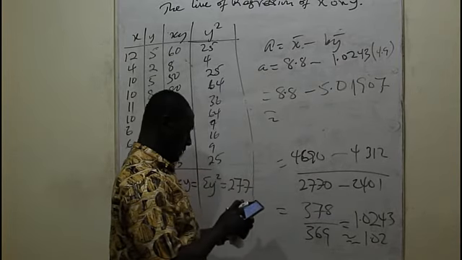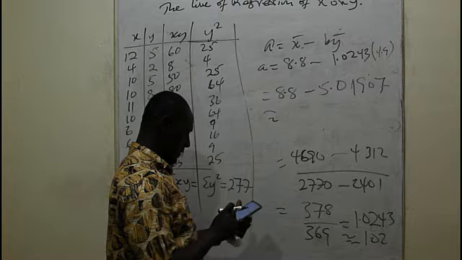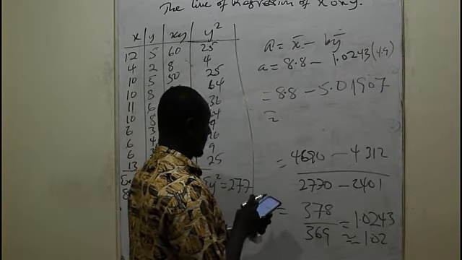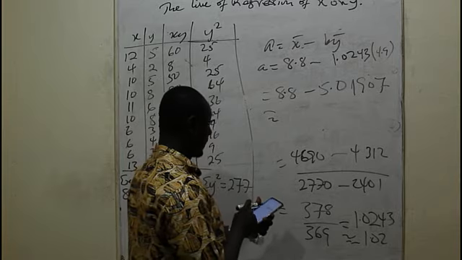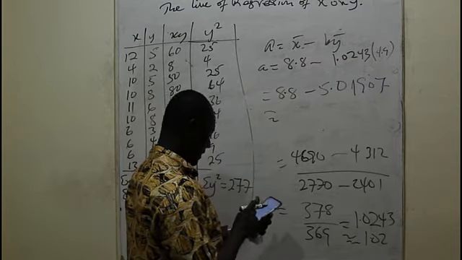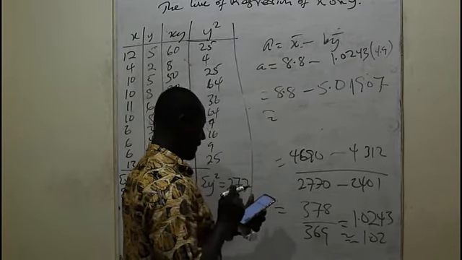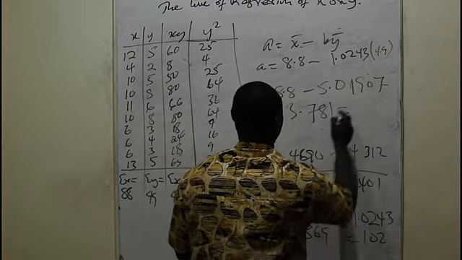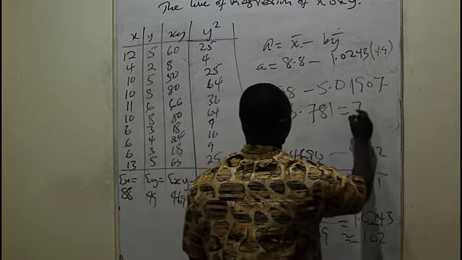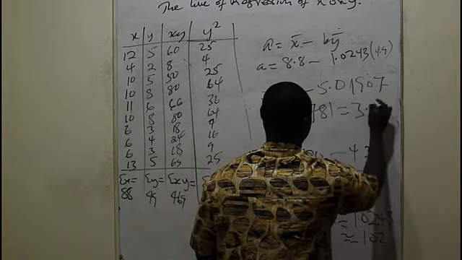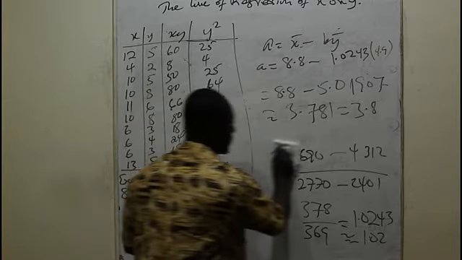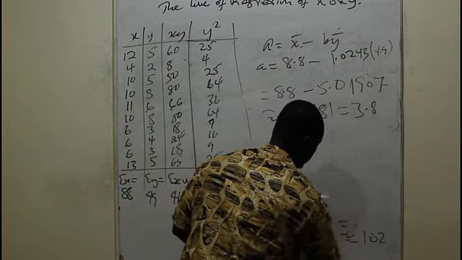You are going to get 8.8 minus 5.019, and the answer is going to be 3.781. So if you simplify it, you are going to get 3.8.